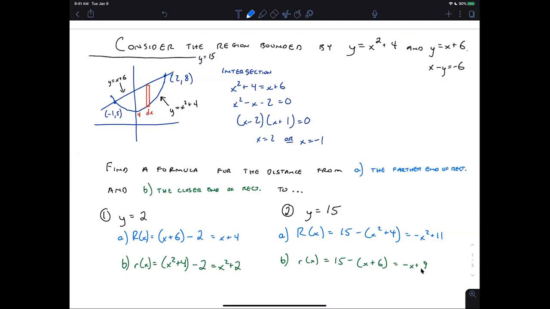Okay. So what if it was y equals 1? I don't want to work y equals 1, but y equals 1 would be a lot like which of these two problems? Y equals 2. Yeah, y equals 1 would be basically the same as y equals 2, except it'd be minus 1 each time. What about y equals 30? It'd be like this one, right?